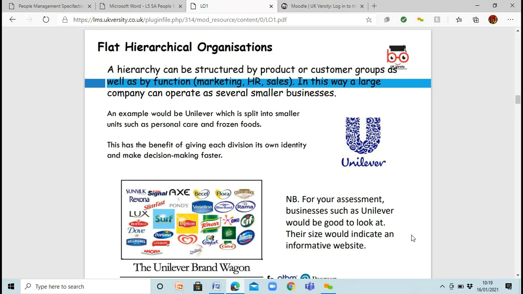They have a whole lot of different divisions within them. They've got personal care, frozen foods. The benefit of having this is that they can give each division its own identity and decision making can be faster. So each one has got their own little flat organization here.